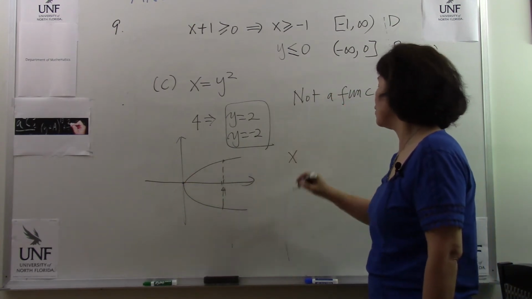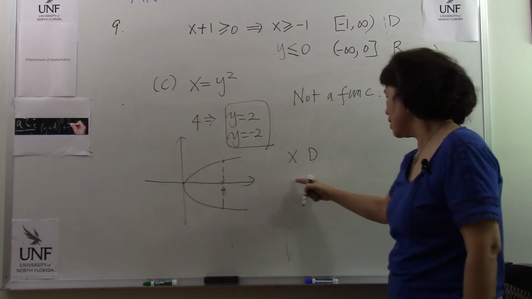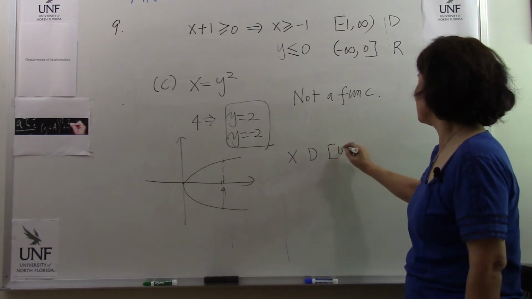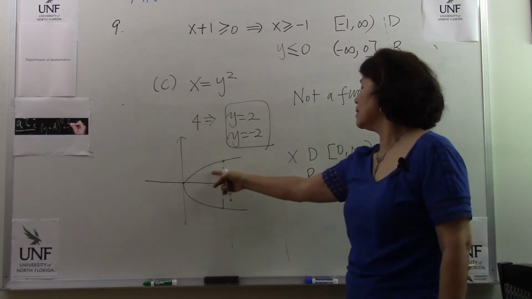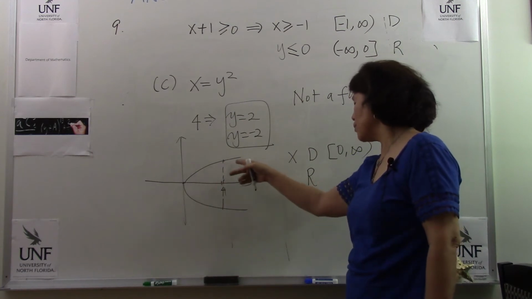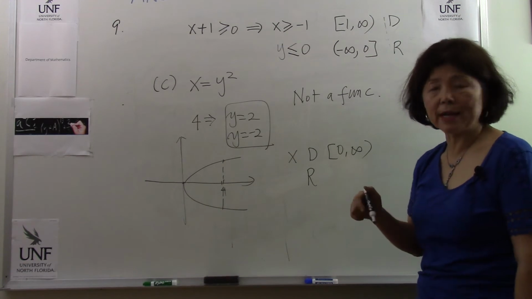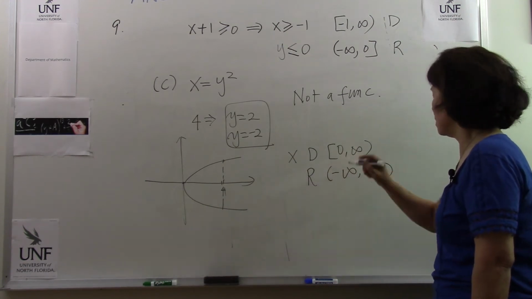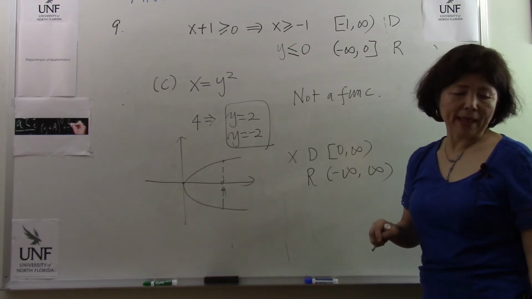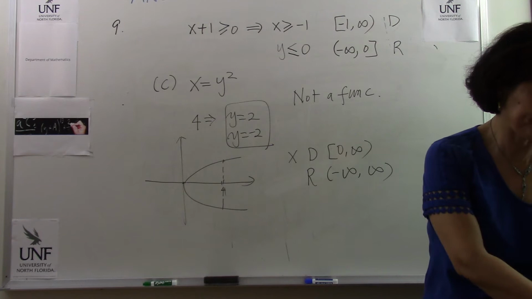So x value, the domain is from here to here, all the way. So from 0 to infinity. On the other hand, the range goes to infinity eventually, and it goes down to negative infinity eventually. So the range is from negative infinity to positive infinity.